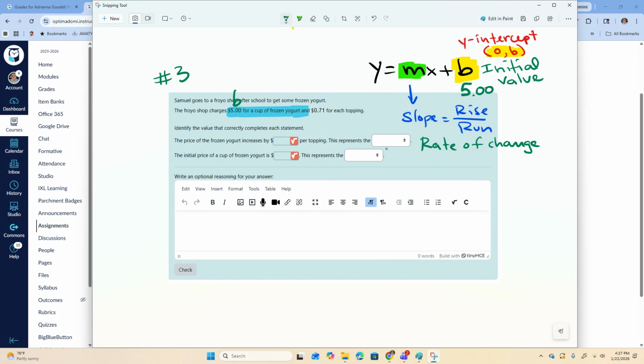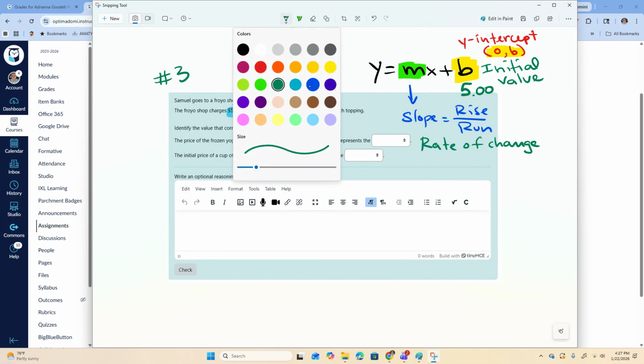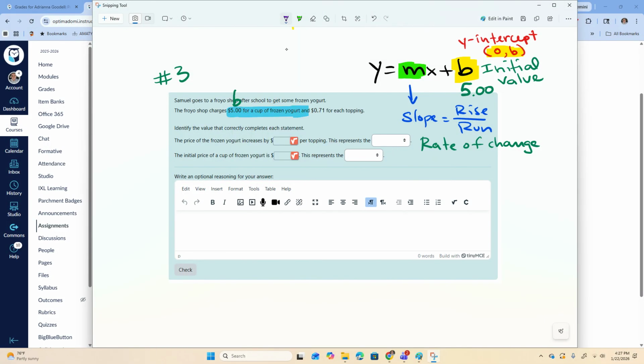There are keywords in math that imply slope, rate of change. Those keywords: per, for each, for every. These are keywords, rate.